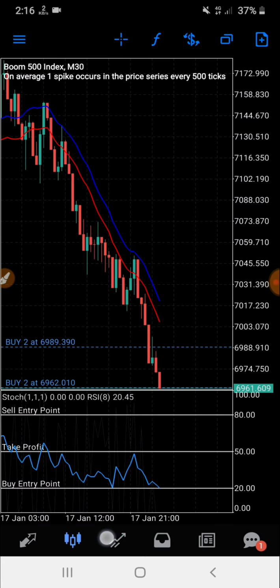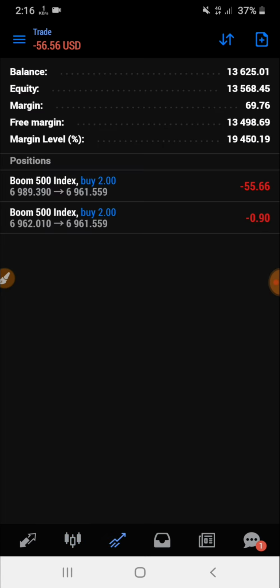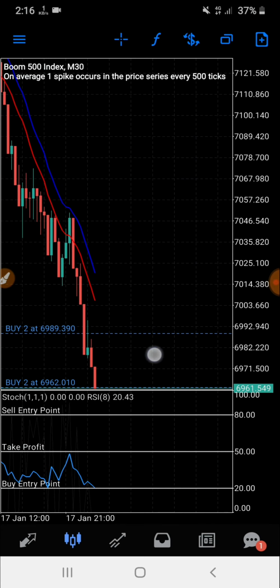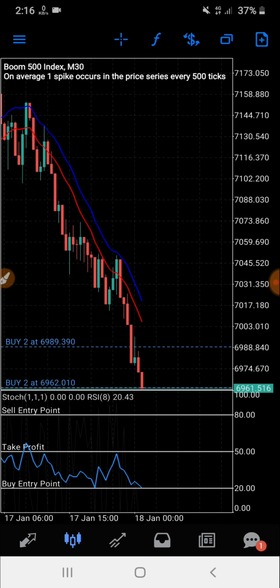As you can see, one position is in loss, right? So what you want to do is that now that you see everything is properly touched, the strategy is on point, you're good to go, you're expecting a buy upside, everybody's expecting a spike, you can't wait to get your profit, but you are running in loss and you don't know how long it's gonna go down, right?